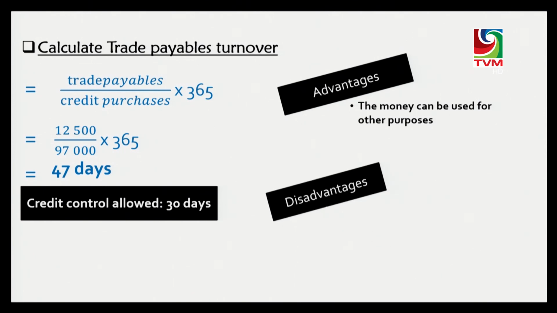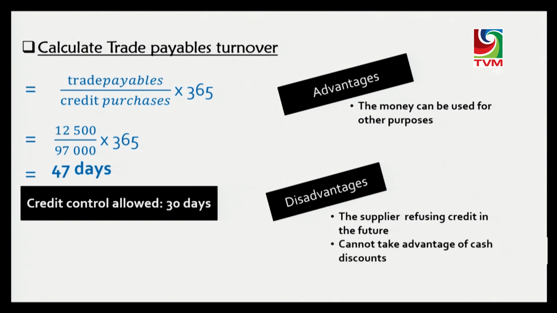And there are some disadvantages also, that is the supplier refusing credit in the future, because if they are taking more days to pay their trade payables, in the future the supplier may refuse to sell goods on credit. And also they cannot take advantage of cash discounts, and there is damage to the relationship with the supplier.